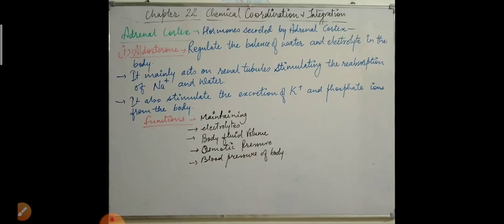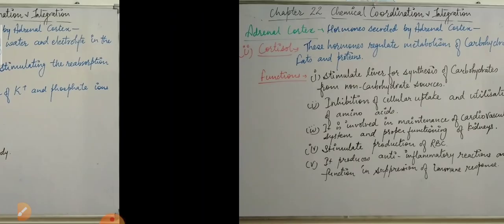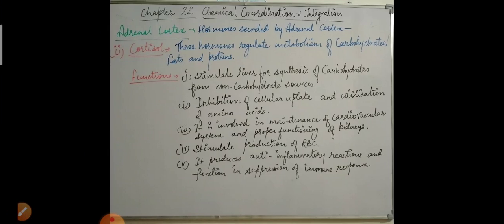Body fluid volume, that is the amount of water in the body, is maintained. Then the osmotic pressure and blood pressure of the body are also maintained, by the water absorption.